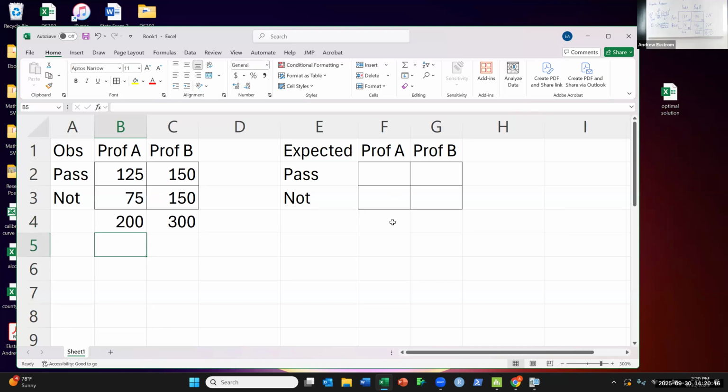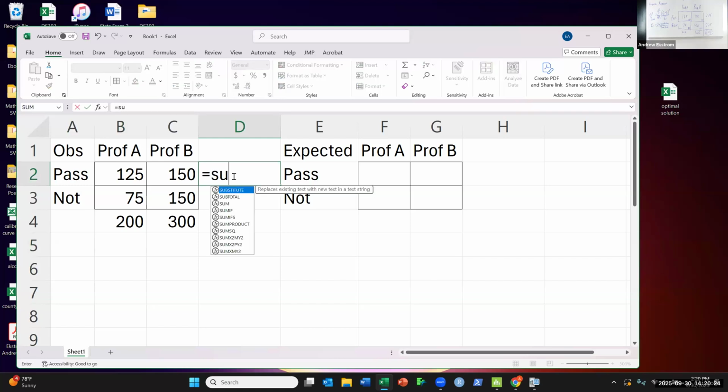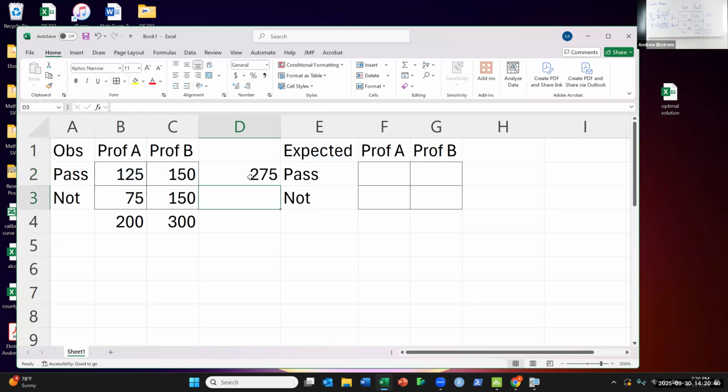I don't need to do the same thing over here, so I'm not going to bother. But I also need to come in here and say equal sum, and then add all these things together. Once I've got that, again, I can drop it down and it's going to automatically change the references that it's looking for.